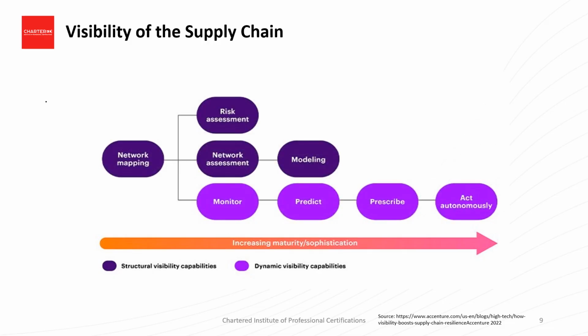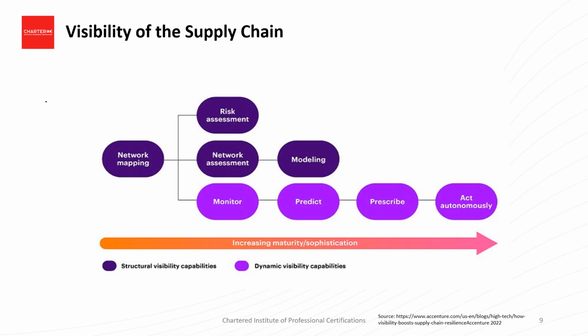Firstly, it allows organizations to identify and understand the key components of their supply chain. This includes the suppliers who provide the raw materials, the manufacturers who convert these materials into products, the distributors who ensure these products reach the market, and the customers who consume these products.